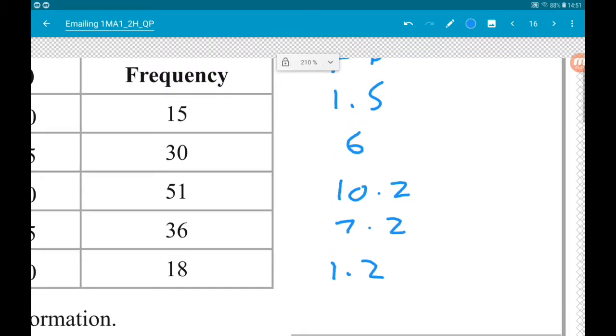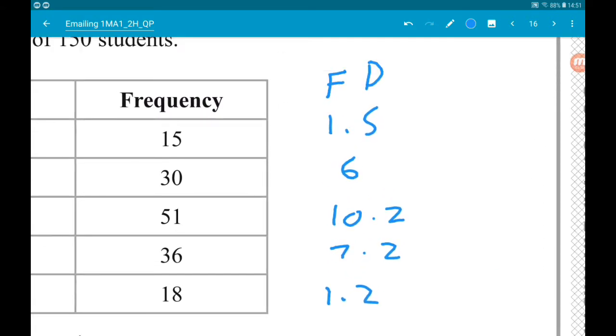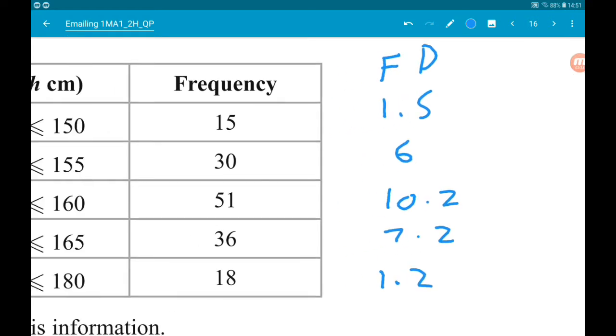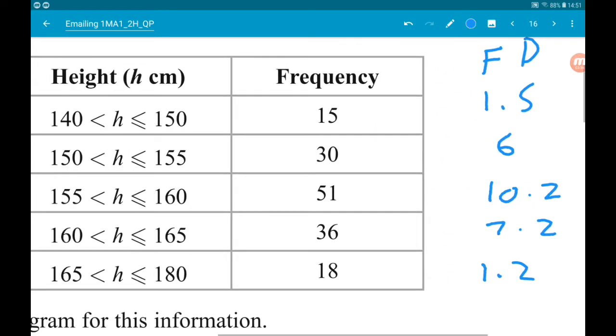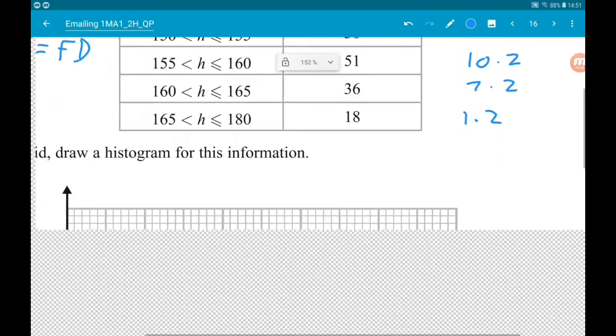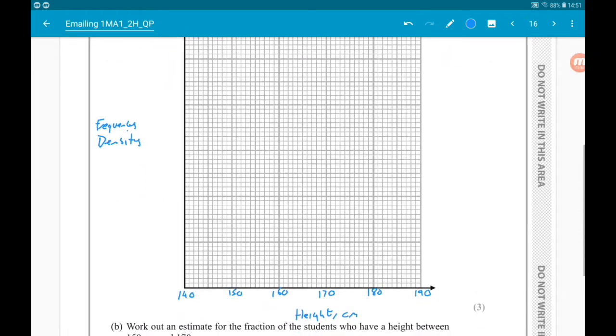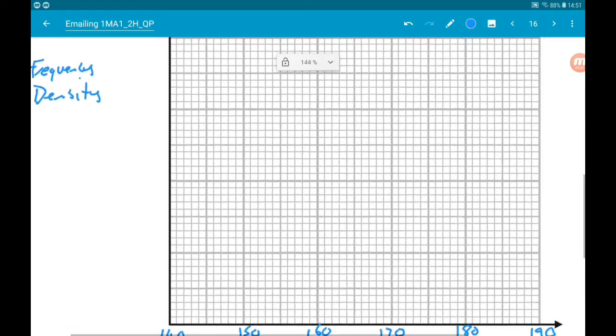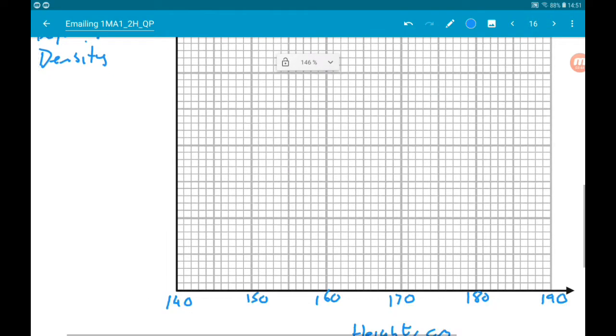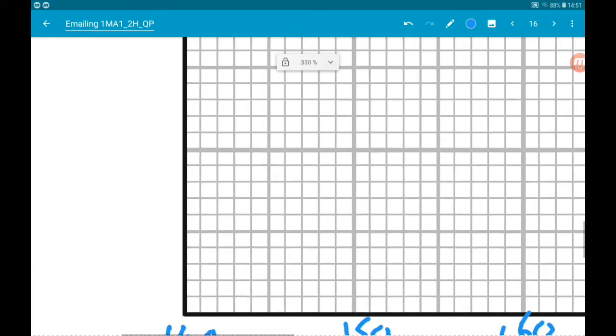Okay, so the biggest frequency density that we need is 10.2. So, let's use every half square is 1.